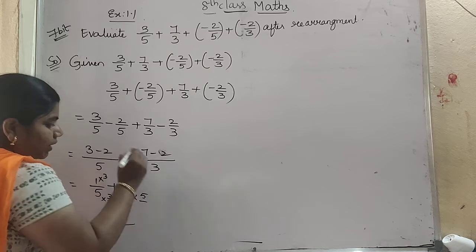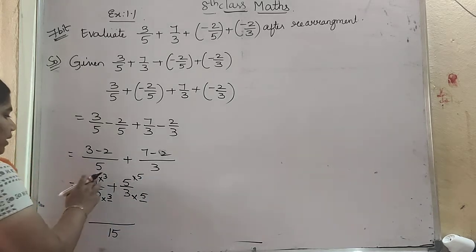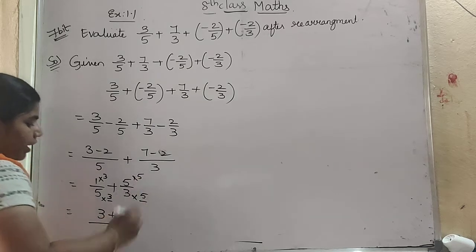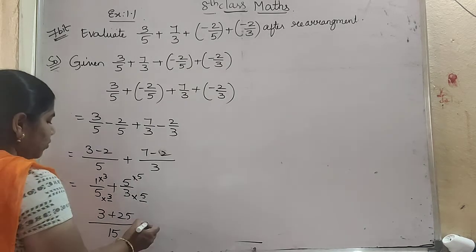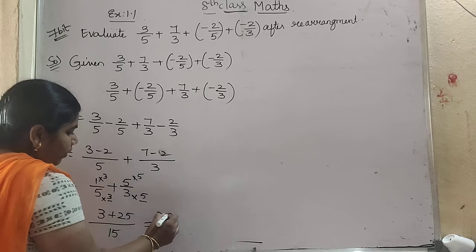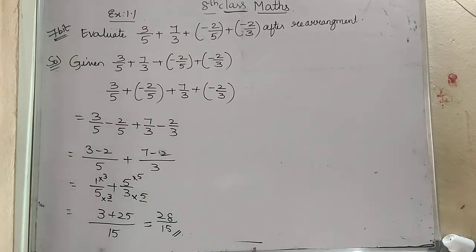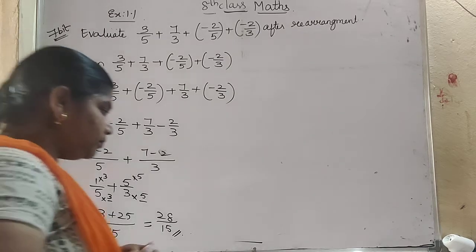Same 5 I am multiplying in the numerator also. So 1 3 times is 3, plus 5 5s is 25. So what answer did you get now? 3 plus 25 is 28 by 15. So after rearrangement, you got the result as 28 by 15. So this is our 7th question.